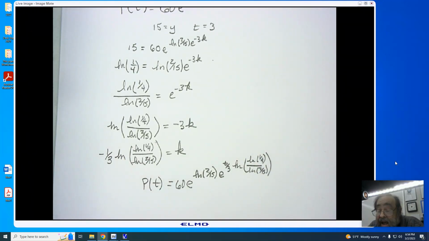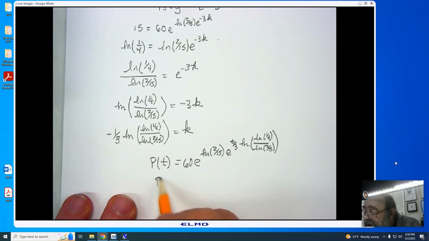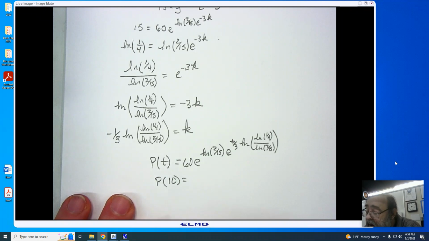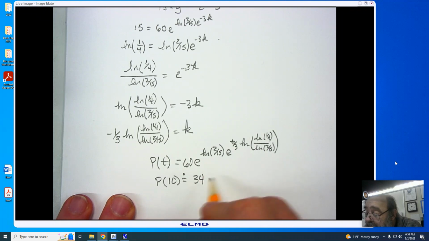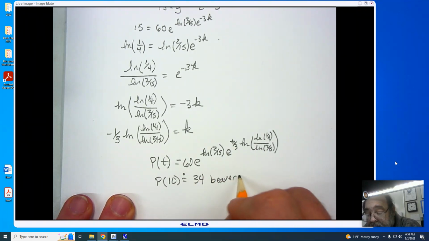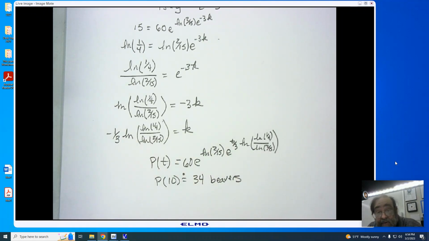And I can now ask, what is the population at 10? Plugging this into my calculator, I am going to get an approximate value, and I am rounding it to the nearest beaver. And therefore I get 34 beavers in the park after 10 years. And that is the end of 61.